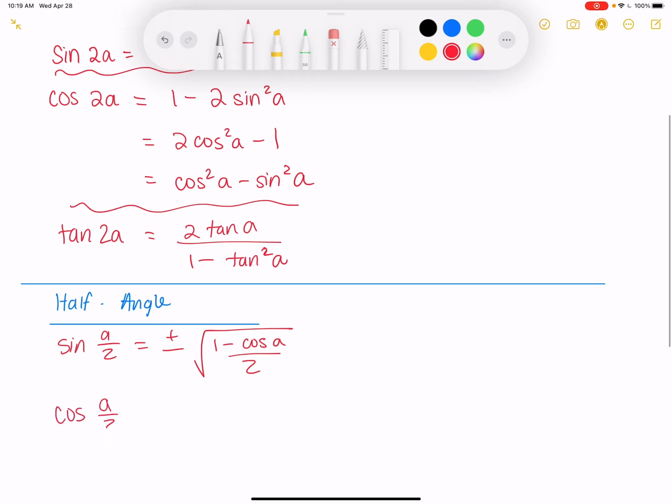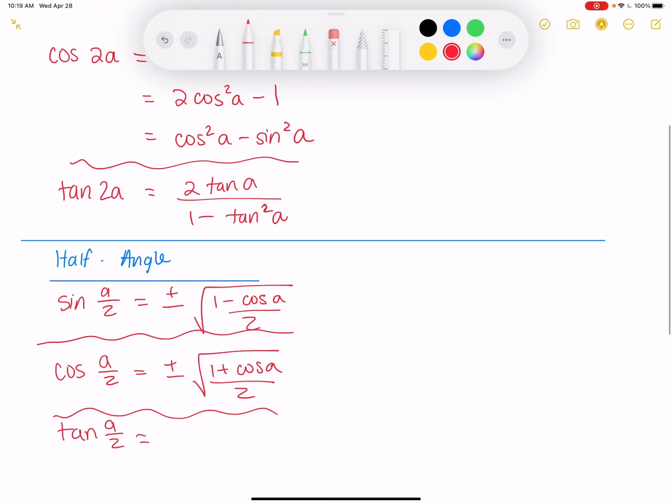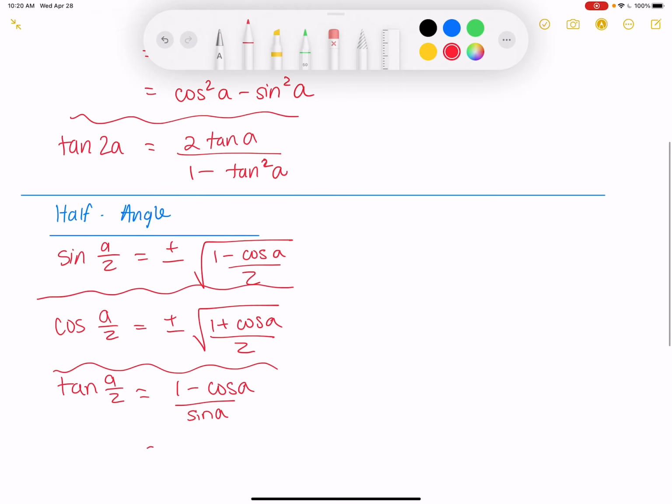Cosine of a over 2 is equal to plus or minus the square root of 1 plus the cosine of a over 2. And tangent of a over 2 has two options. It's either equal to 1 minus the cosine of a over the sine of a, or it's equal to sine of a over 1 plus the cosine of a.